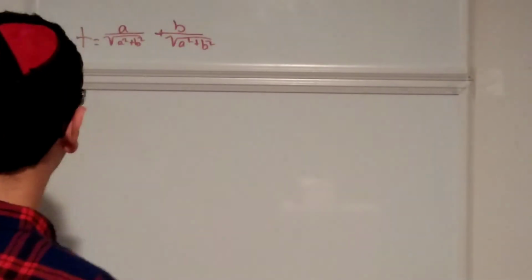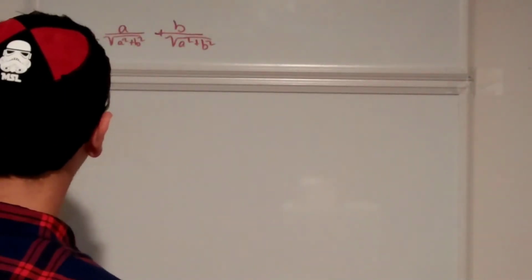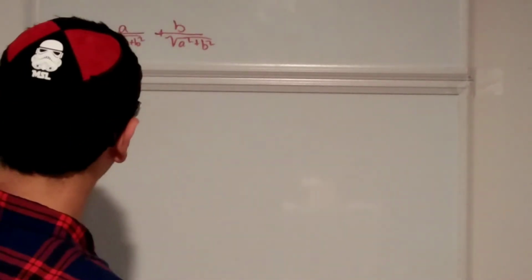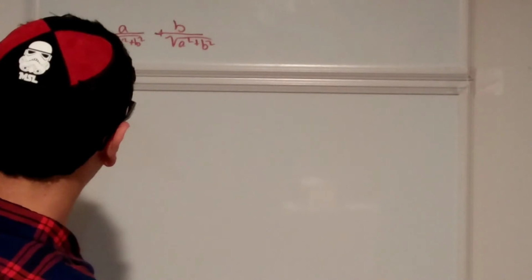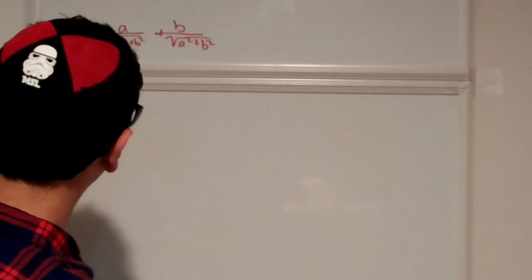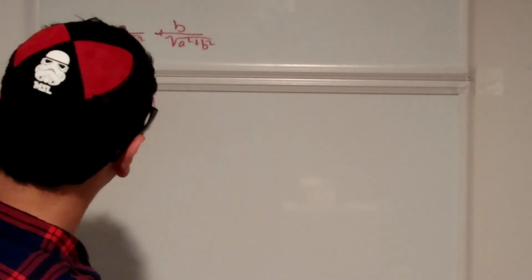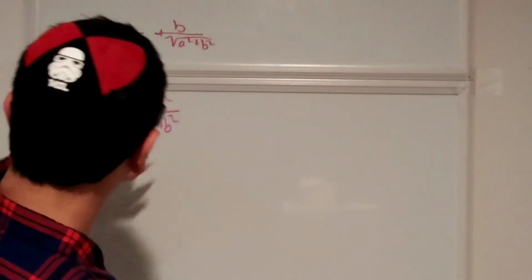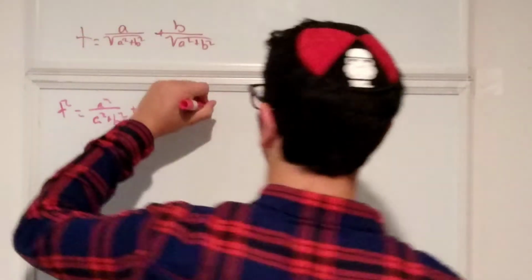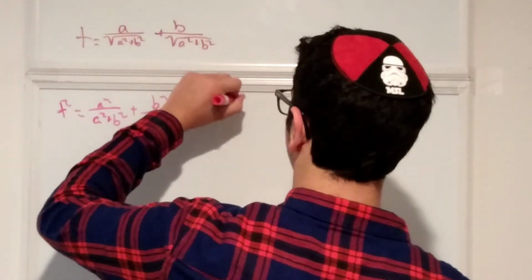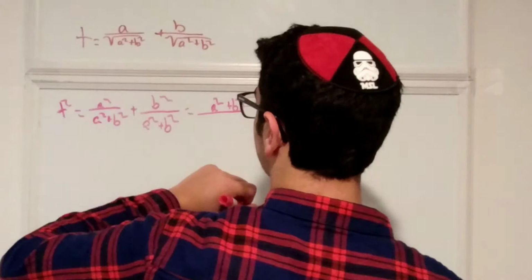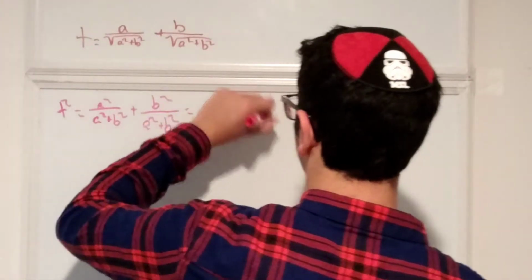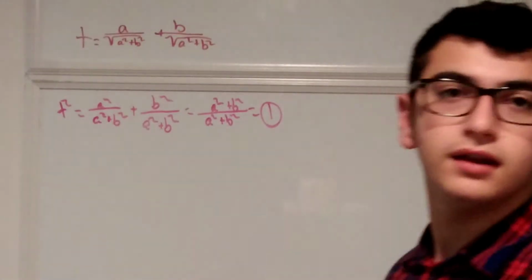So we can write t squared as this squared, which would be a squared over a squared plus b squared plus b squared over a squared plus b squared, which would be equal to a squared plus b squared over a squared plus b squared, which is of course equal to 1. Okay? Simple.